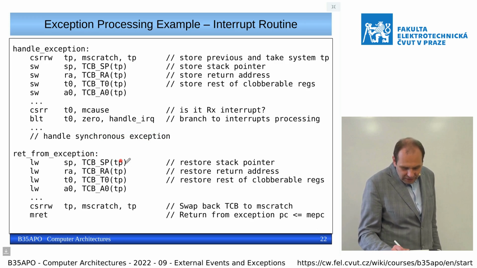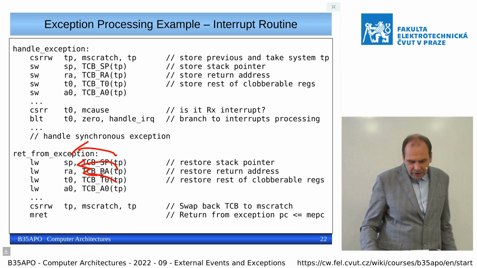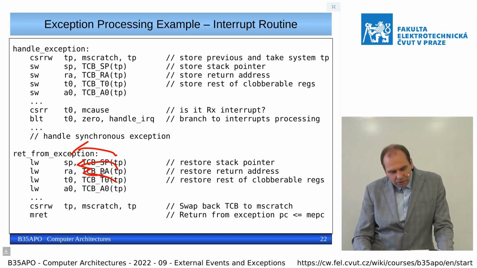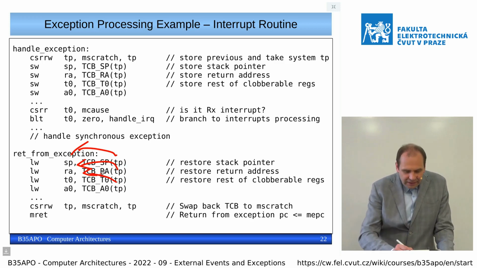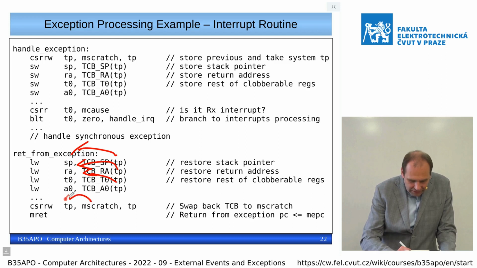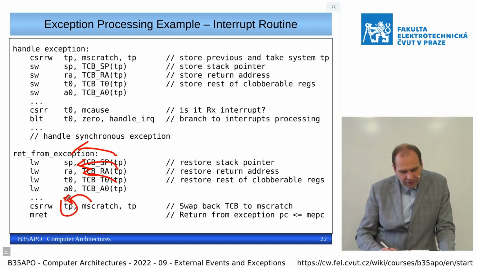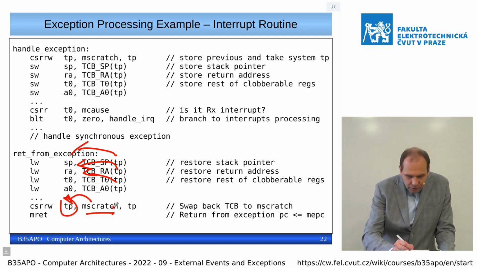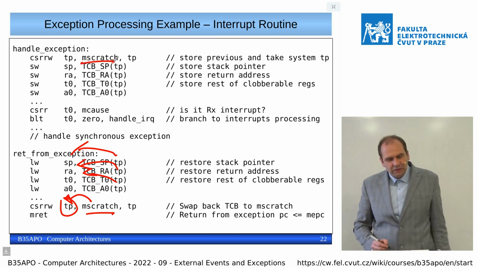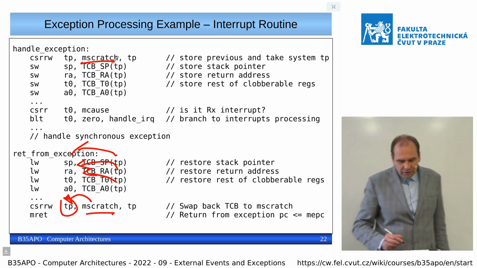So there is a restore of the individual registers from the task control block. Then we need to restore the last register, the thread pointer, from the value which has been stored in the scratch register.